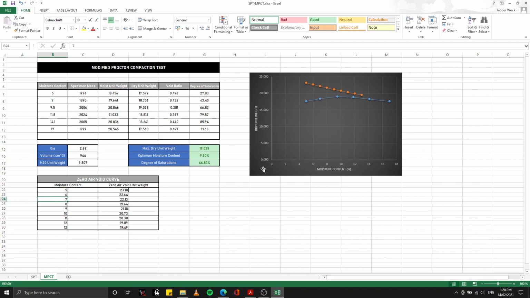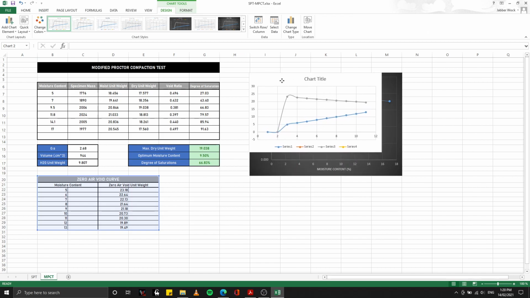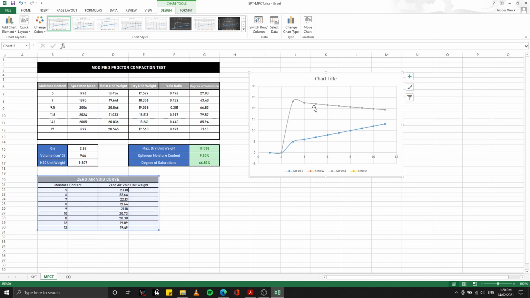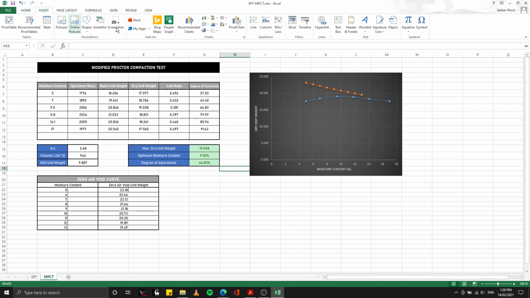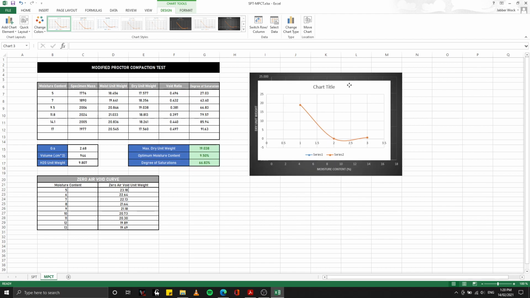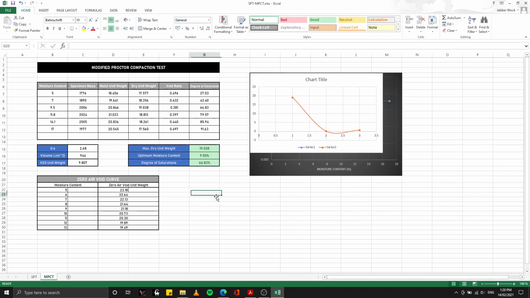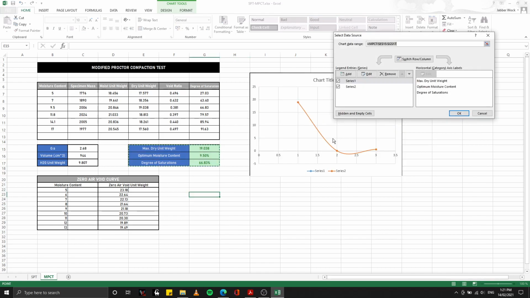Okay? So, to plot this table, dito tayo sa insert, chart. Okay. Insert, chart. Okay. Select data.